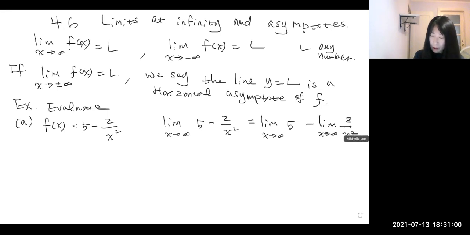Okay. Then what do you get for this one? We're looking at 1 over x squared, which looks like this, right? Then x approaches positive infinity. What's the graph? What is the y value for this one?